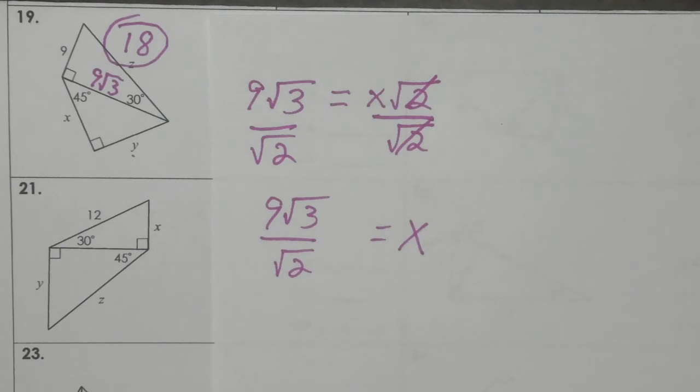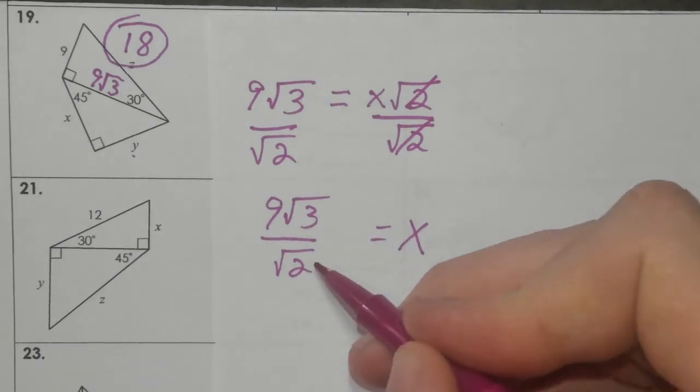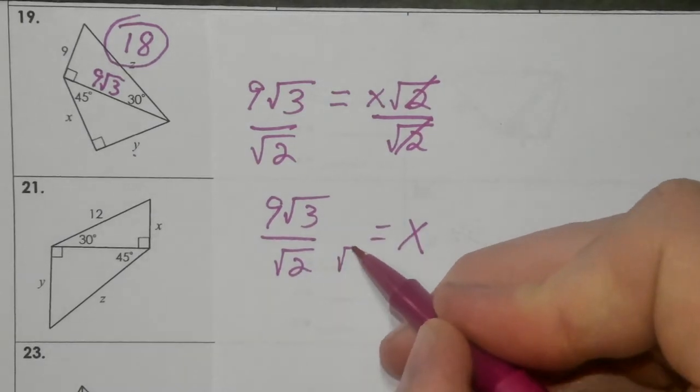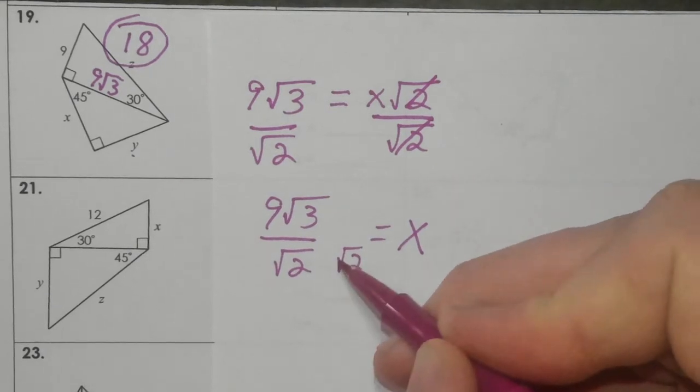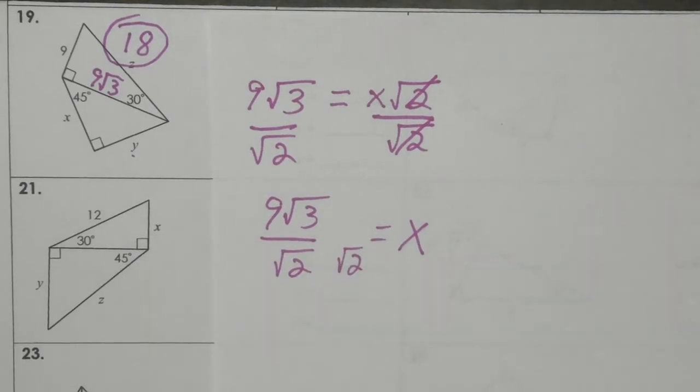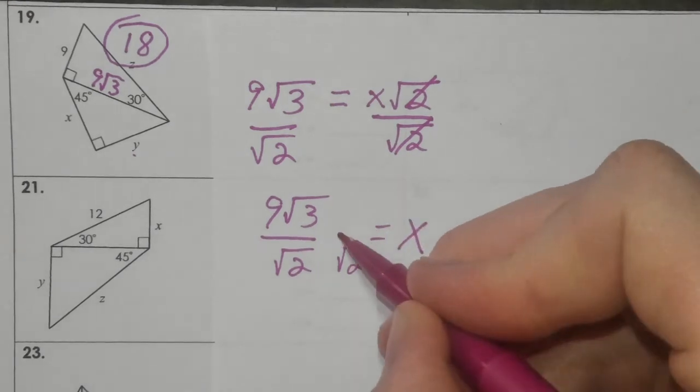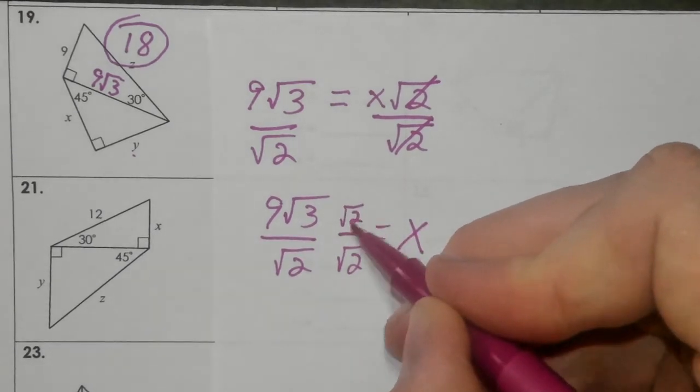We said earlier that we do not want a radical in the denominator. So to get rid of that, I'm going to multiply it by itself, because when we square a square root, it undoes the radical and I'm left with just 2. But I have to also multiply the top by the same thing.